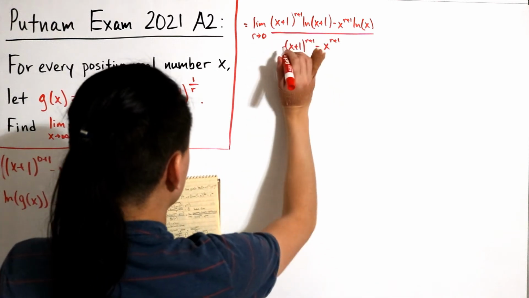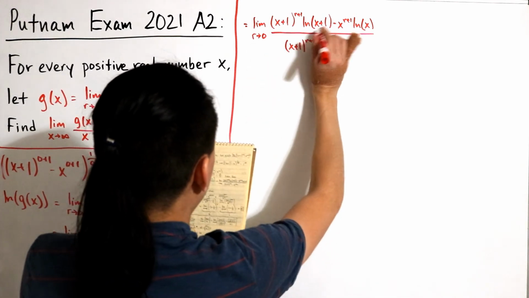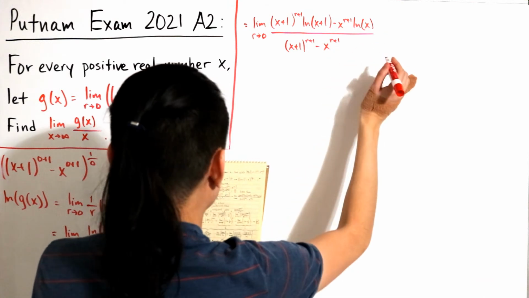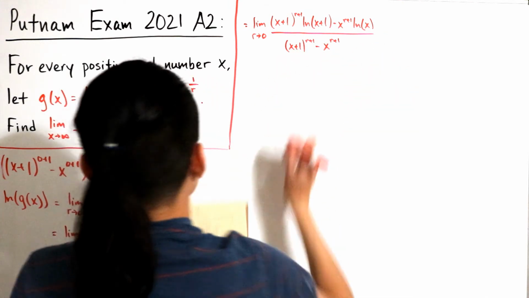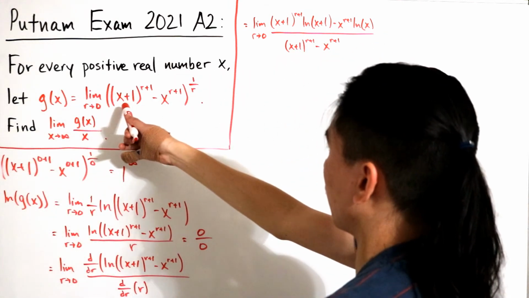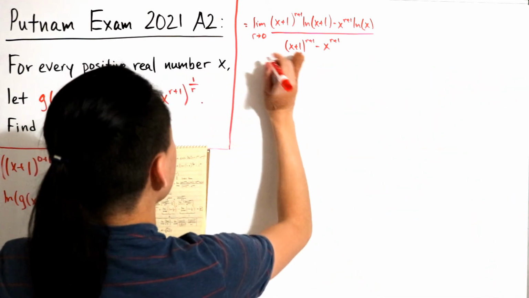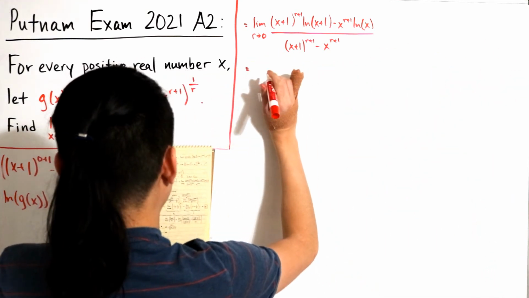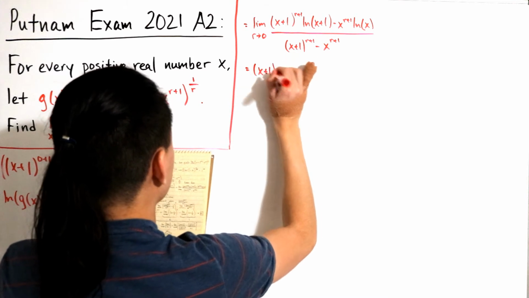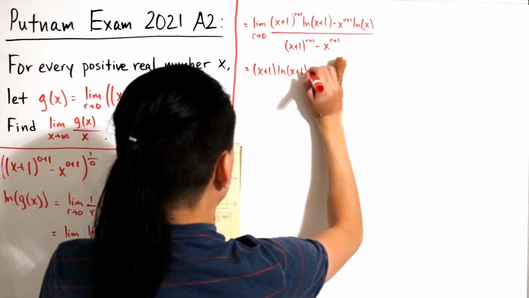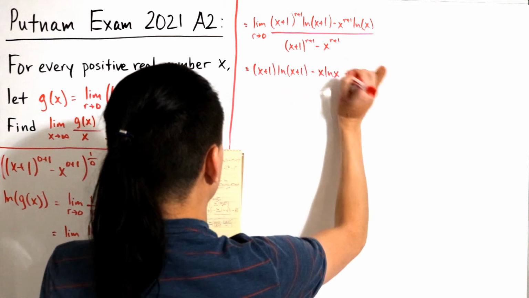So we have x plus 1 to the power 1, then multiplied by ln of x plus 1, minus x to the power, so that'll be just 1, and then times ln of x. Now on the bottom, of course, it's just going to be the same thing. Here, we know that it is just going to approach 1, so that's neat and dandy. So now we have x plus 1 times ln of x plus 1, subtract x times ln of x.